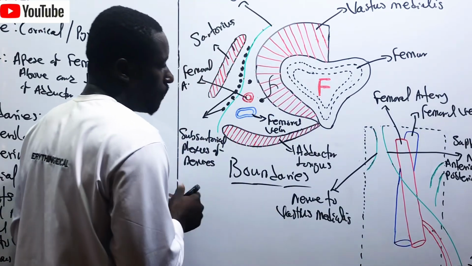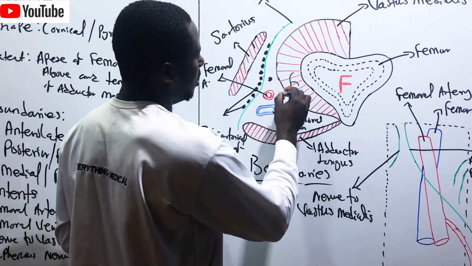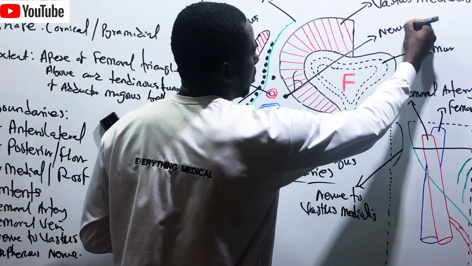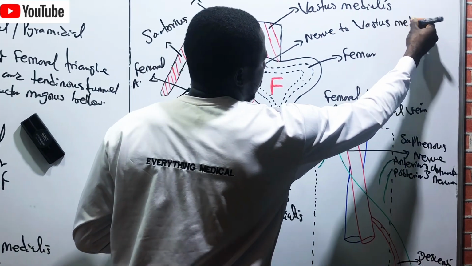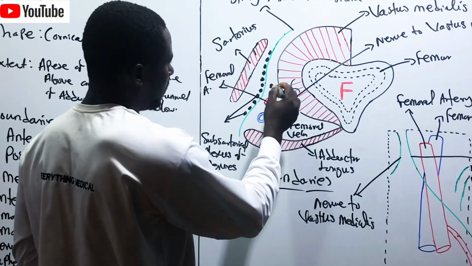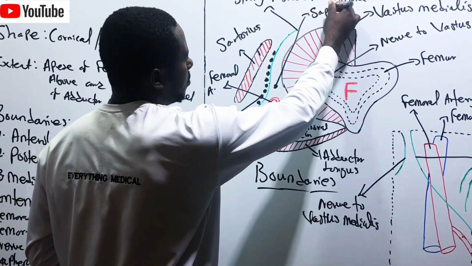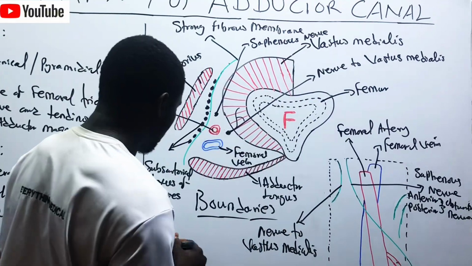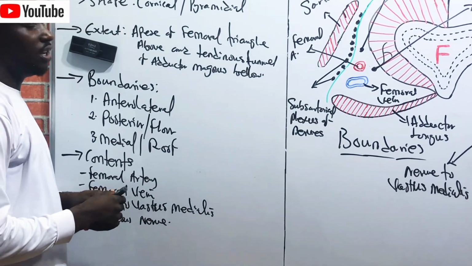This nerve here is the nerve to vastus medialis. Okay, this becomes the saphenous nerve. Up next is the clinical correlation or the clinical and applied anatomy.